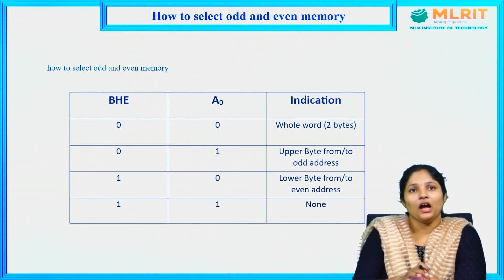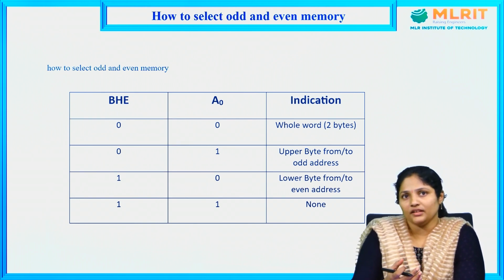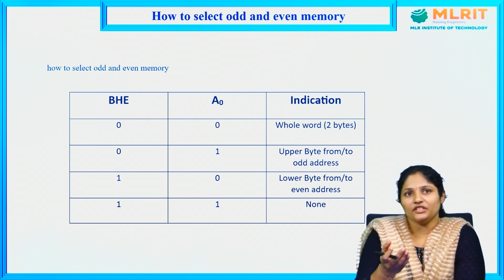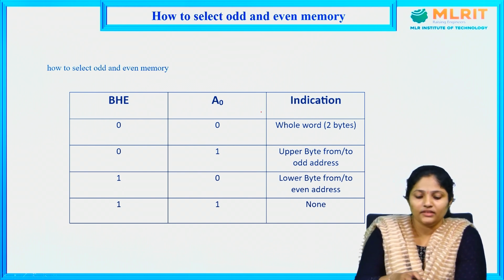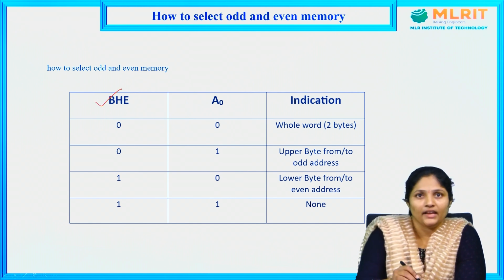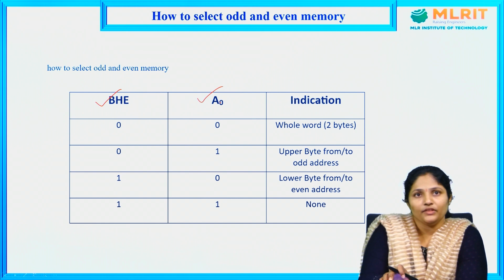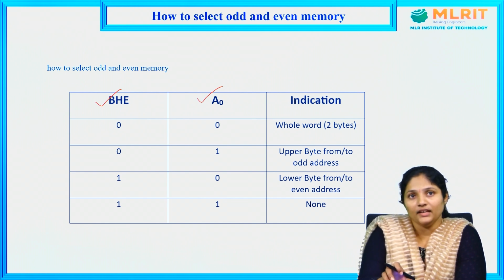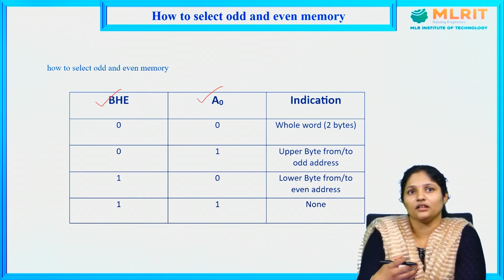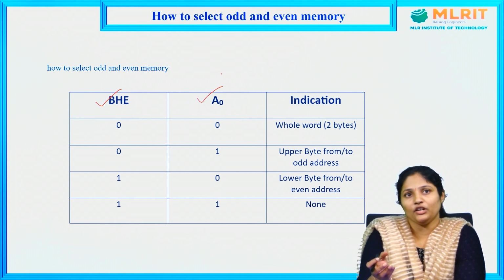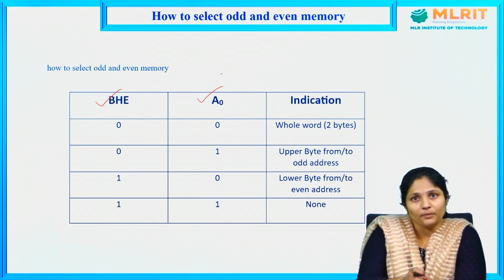So how does the processor get to know whether the whole word is transferring, or only the byte at the even address or the odd address? The pin Bus High Enable (BHE) along with the A0 address line indicates to the processor whether 16-bit data is being transmitted, or 8 bits in the upper byte (odd address), or 8 bits in the lower byte (even address).